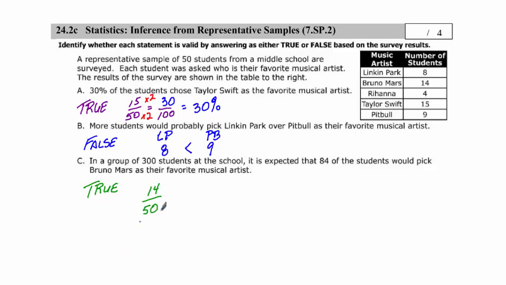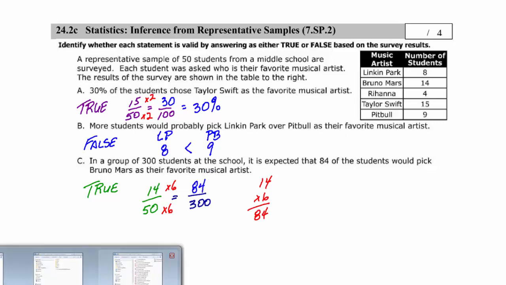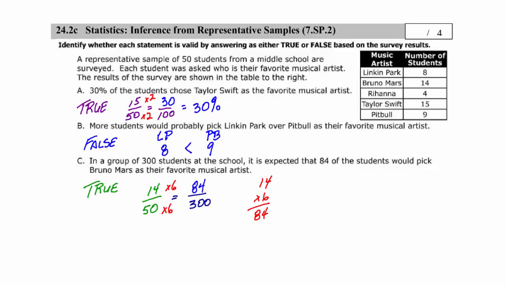We're asking, is it going to be true that out of 300 we get 84? 50 times what makes 300? 50 times 6. So what happens when you multiply 14 by 6? Well, when you multiply 14 by 6, you get 84. You get 84 students liking Bruno Mars. So that's one way that you could show that that's true.